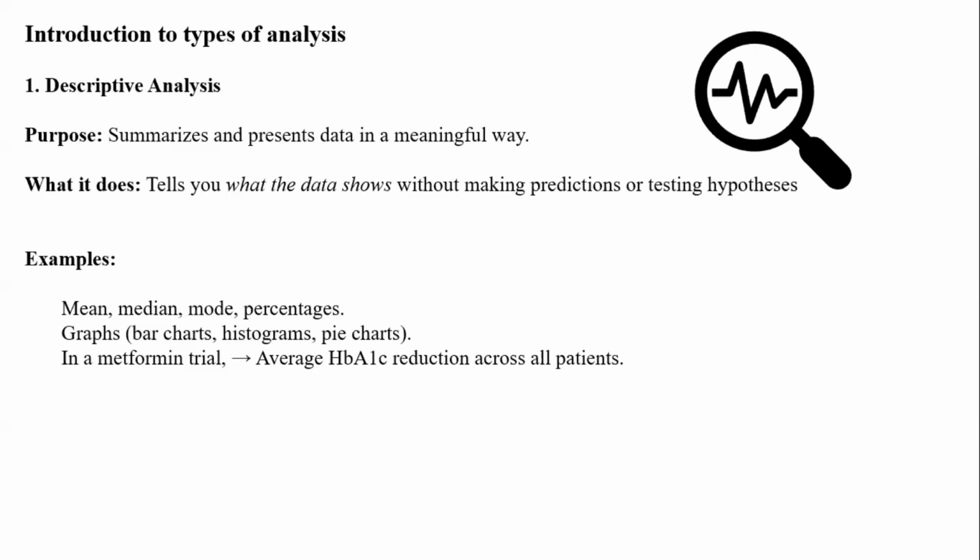For example, you can say that 50% of those who attended this exercise are female, 40% are male and 10% others. Through descriptive analysis you can also draw a graph, a bar chart, a histogram, or a pie chart. All these fall under descriptive analysis.